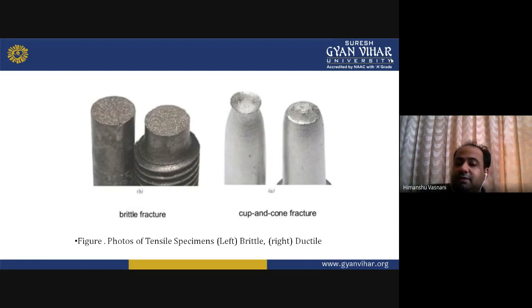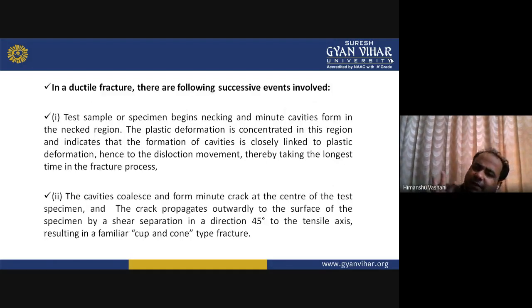Whereas in the ductile fracture, you can see there is necking going on, and a cup and cone fracture has taken place. You can see the two specimens on the right-hand side. There is a curve on the top and bottom portions, so ductile fracture has happened. By just looking at these diagrams, you can easily tell.